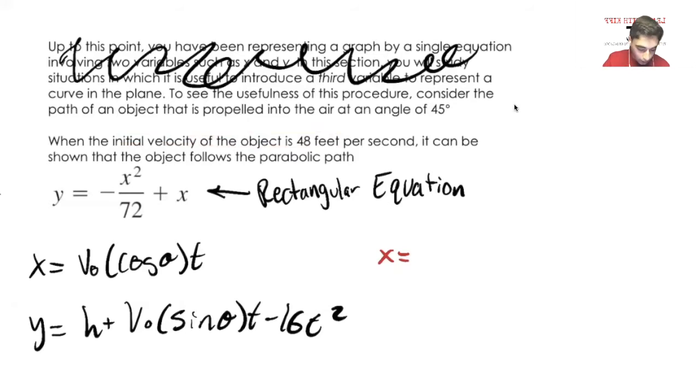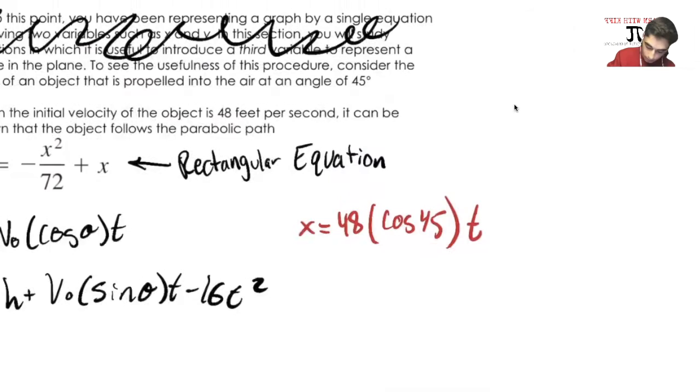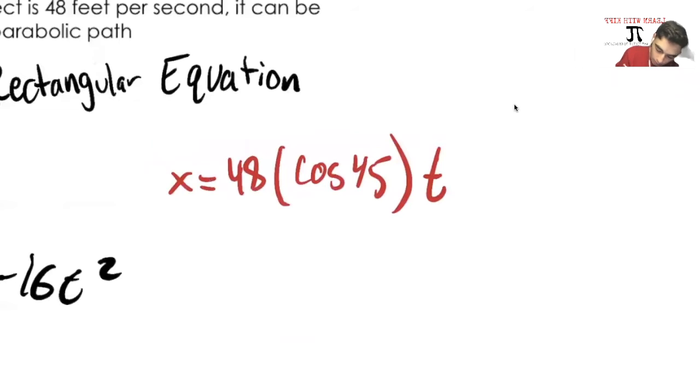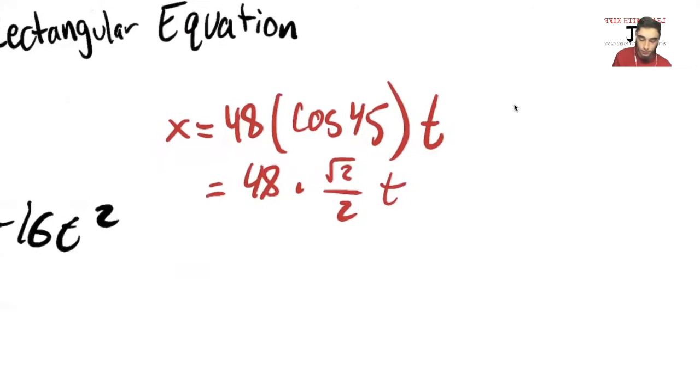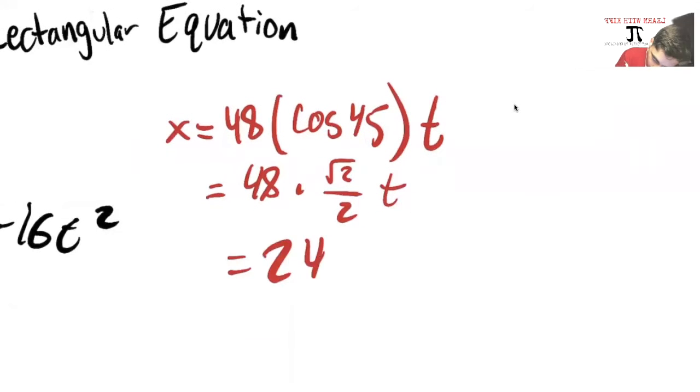So x equals initial velocity, which is 48, times cosine 45 times t, and that equals 48 times radical 2 over 2 t, which equals 24 radical 2 t.